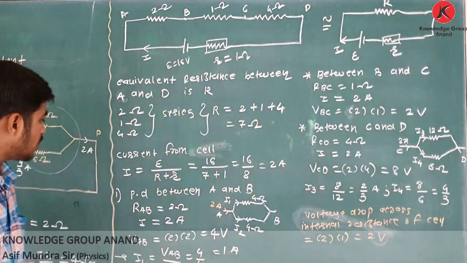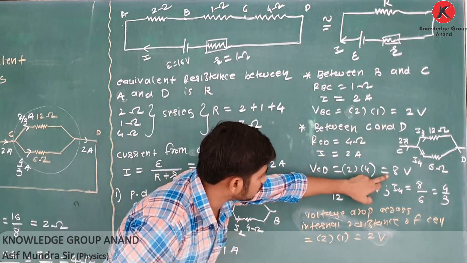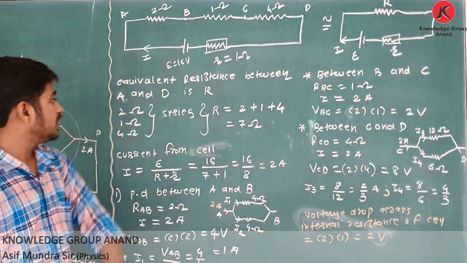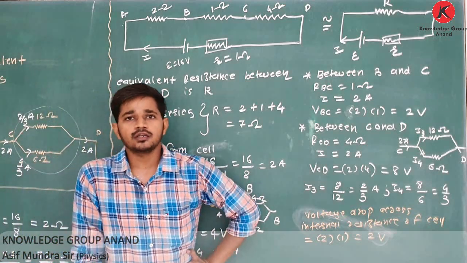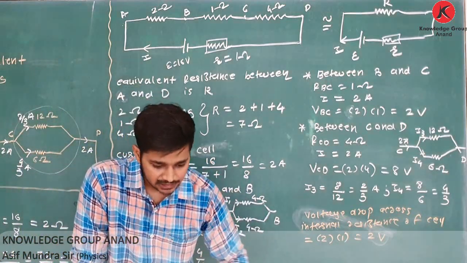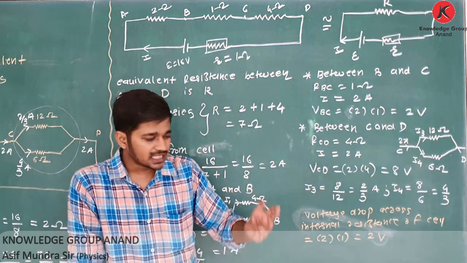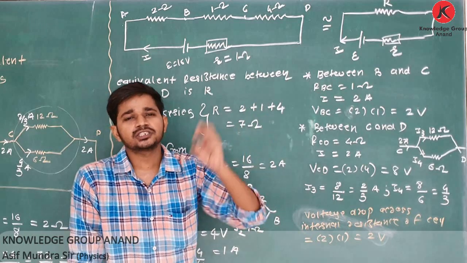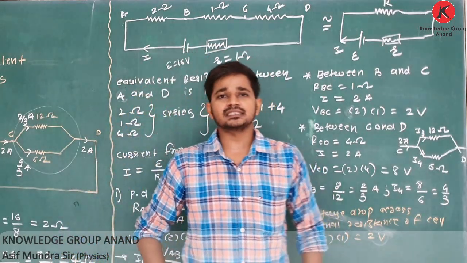And now if you add 4 volt plus 2 volt plus 8 volt plus 2 volt, you will get 16 volt. Clear about this? So this is one question based on EMF, internal resistance, and series and parallel connections of resistors.